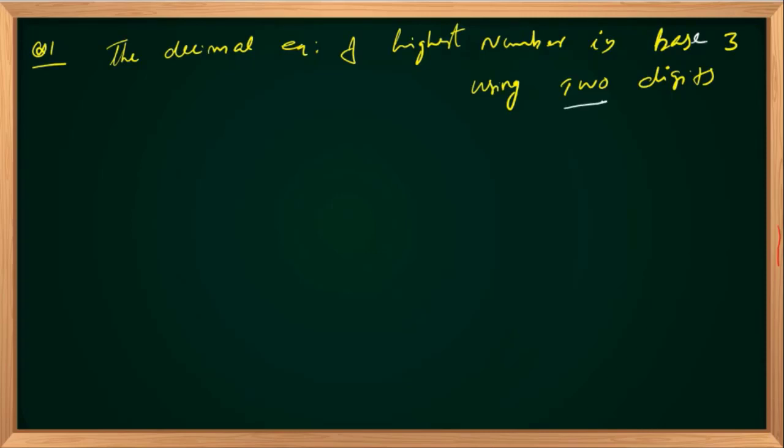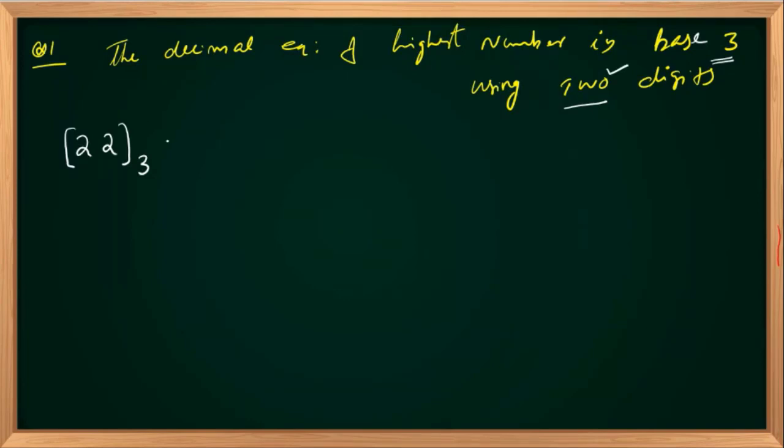The highest possible symbol in base 3 is base minus 1, that is 2, and you have the freedom to use 2 digits, so 22 will be the highest number in base 3 using 2 digits.